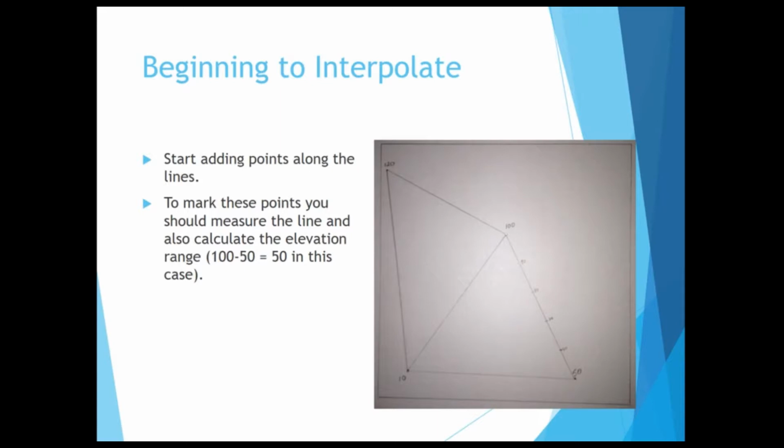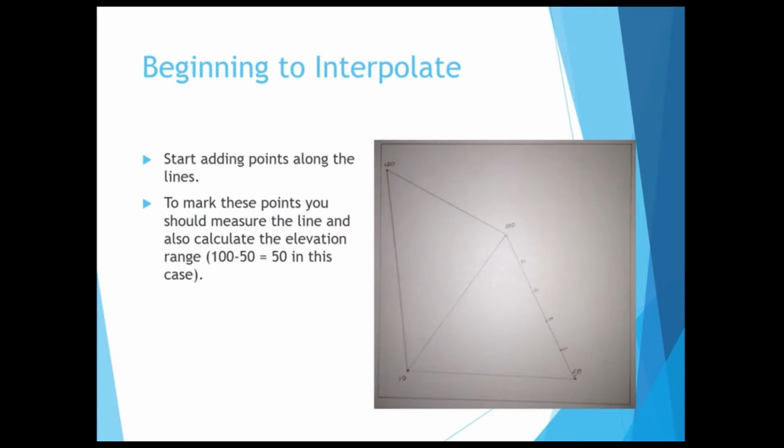Between the 50 and the 100, to find out how many and what intervals, we have to know first what contour interval the map is at. In the lab, that's given to you. In this case, I'm going to do the map on a 10-meter contour interval. That was predetermined. I didn't label it, but this is a 10-meter contour interval map.